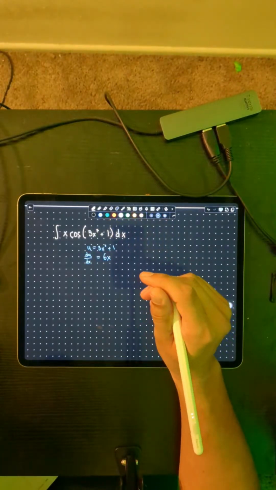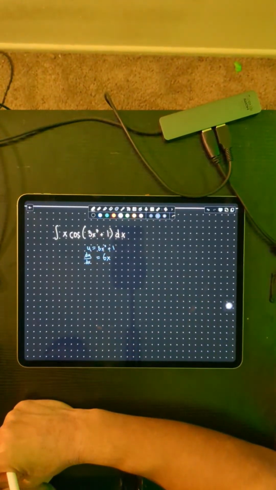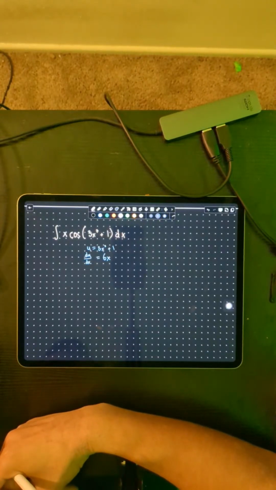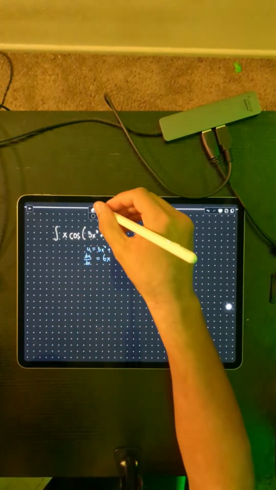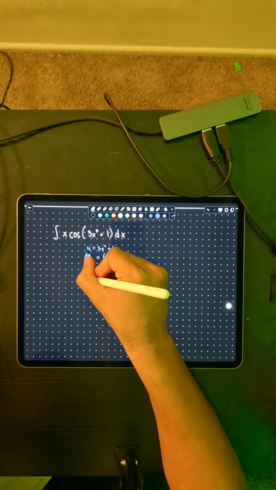All right, du by dx equals 6x. And here we go. So we have du by dx equals 6x, and just kind of double checking here that I'm doing everything properly. I'm going to solve for x dx, which is 1/6 du.